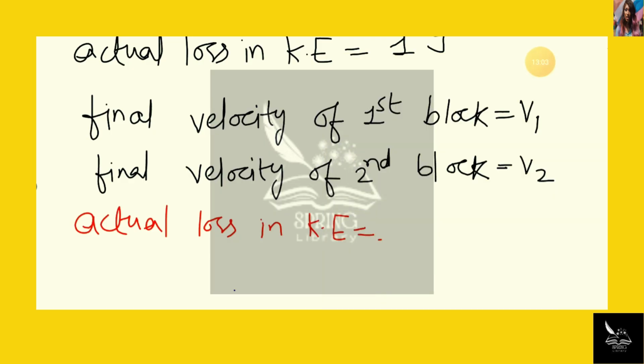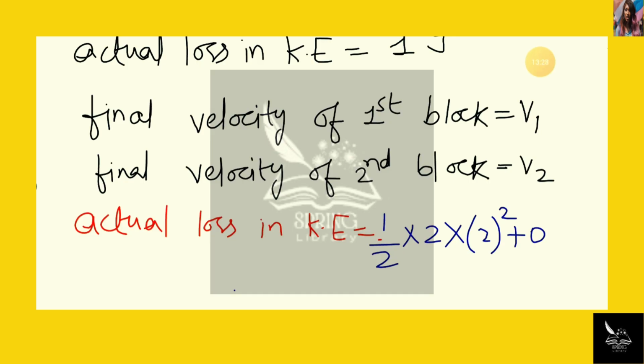Half times of m, the mass of the block, that is 2 kg, times the initial speed of the first block, that will be 2 square plus 0, because the second block is at rest, so the kinetic energy of the second block will be 0.